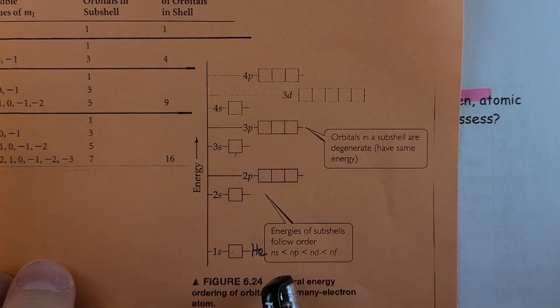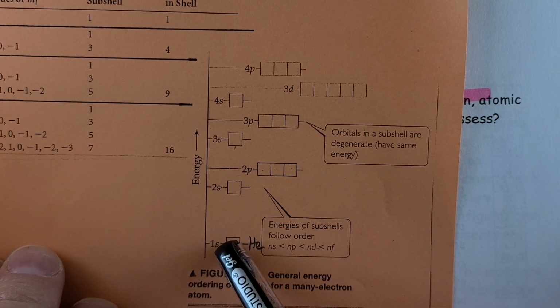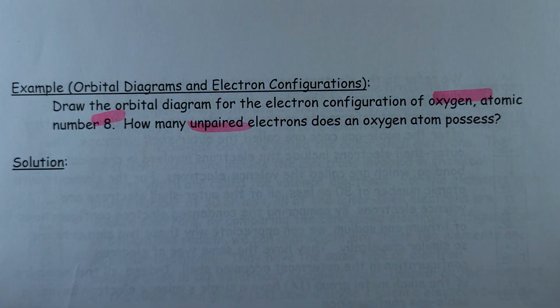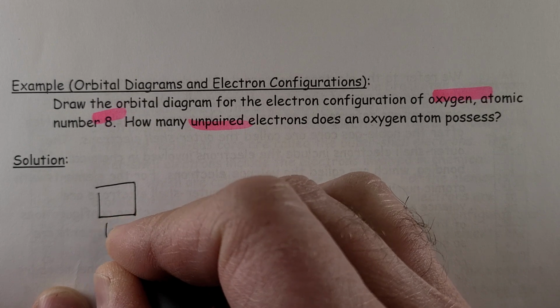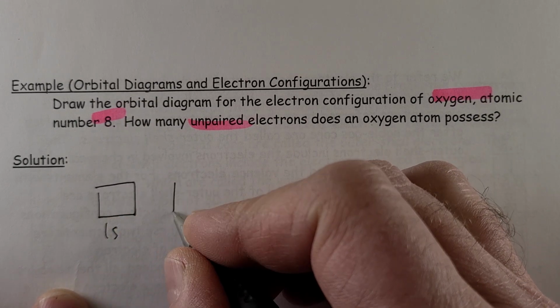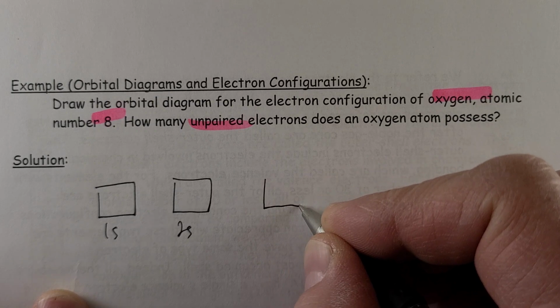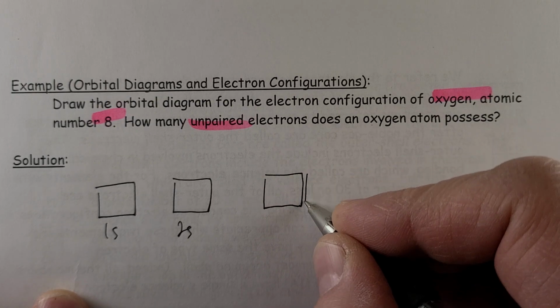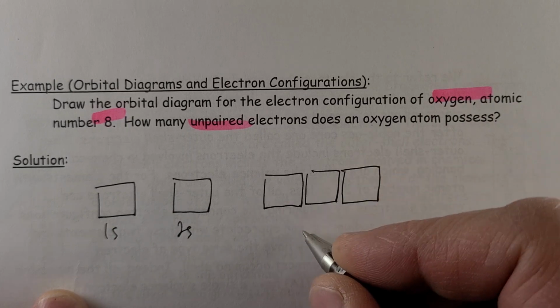That's likely as far as we need to go. This sheet is nice because it shows you the order of filling: 1s, 2s, then 2p's. I'm going to draw that sideways just to minimize space. So there's the 1s orbital, the 2s orbital, and then the 3 2p's.